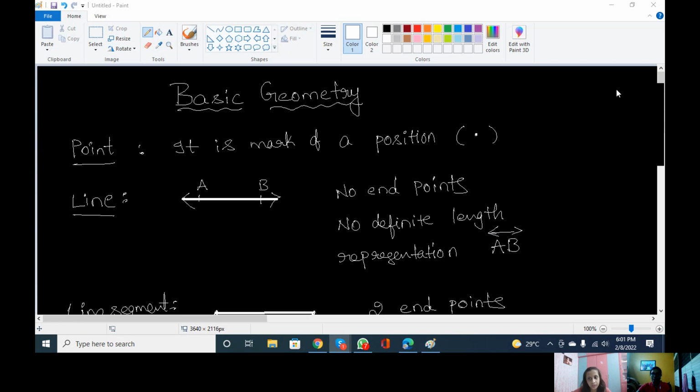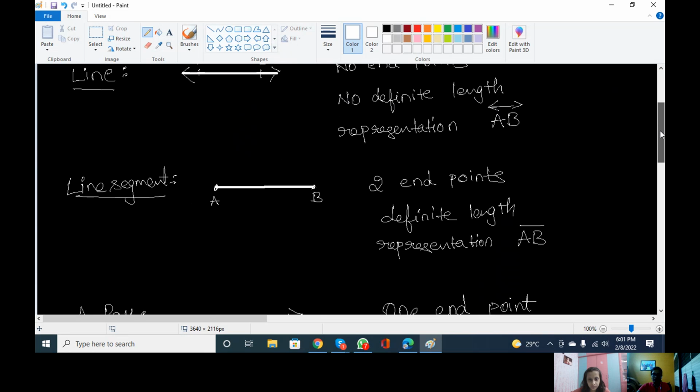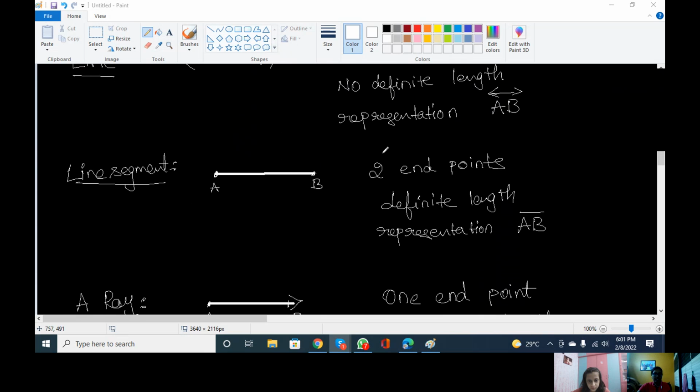Next, coming to the line segment. A line segment has two endpoints, a starting point and an ending point, and it has a definite length. Definite length means you can measure it. How can you measure? You can measure with a ruler.